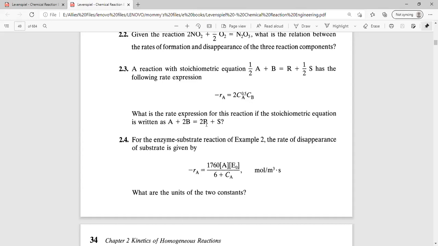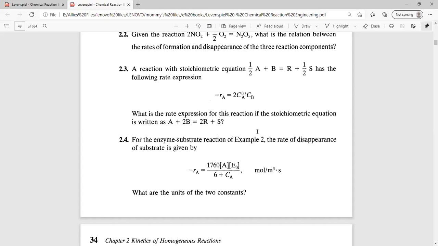Now, what is the rate expression for this reaction if the stoichiometric equation is written as A plus 2B forming 2R plus S? If the rate law for this one is this, what do you think would be the rate law for this one?